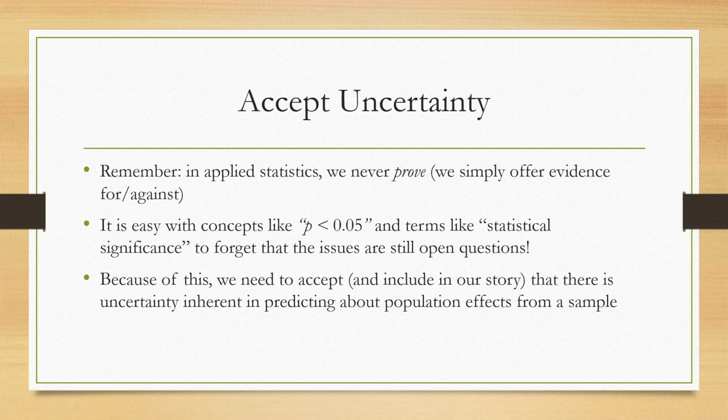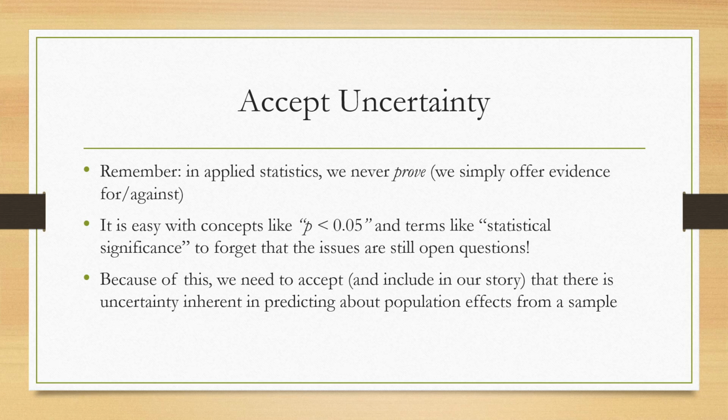But it's important in this case because when the ASA talks about accepting uncertainty, this is what they mean. That even with a statistically significant finding, even with a low p-value, even with a test statistic that's way outside of the critical values, that is very incompatible with that null hypothesis, and strong rejection of the null hypothesis, even in that case, we need to accept this level of uncertainty and probability and chance.